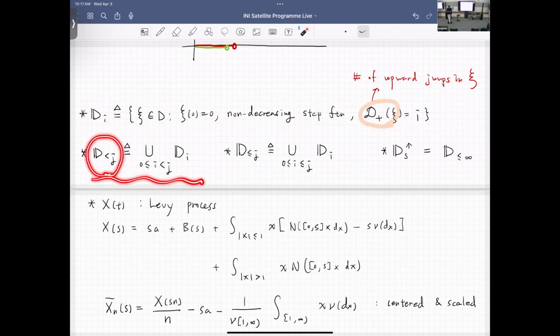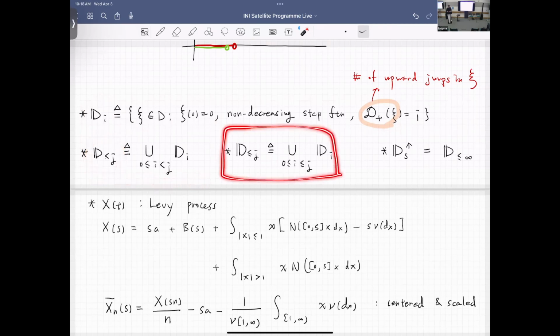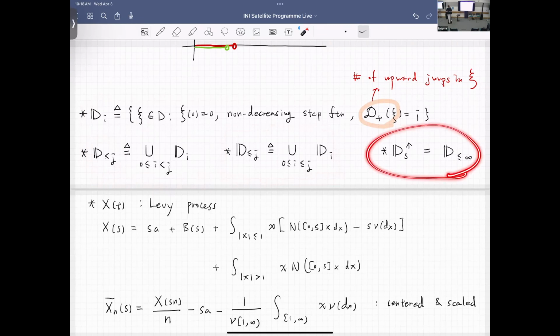These are the set of step functions with less than j jumps. These are the step functions with less than or equal to j jumps. So pretty self-explanatory. And this is the set of all non-decreasing step functions. So it doesn't matter how many jumps, you can have up to countably many jumps.